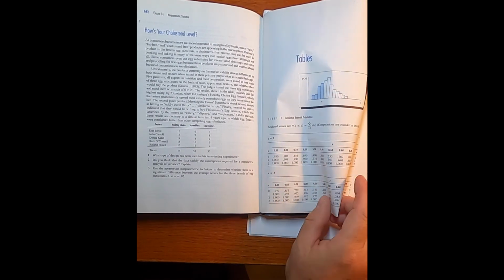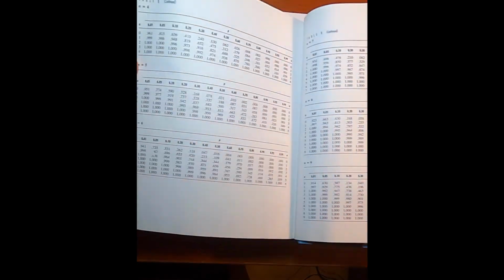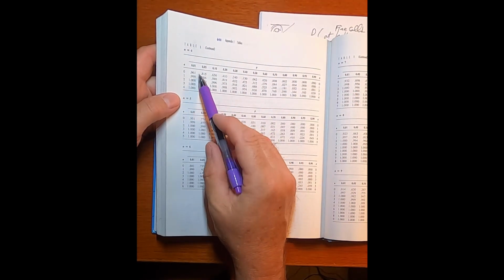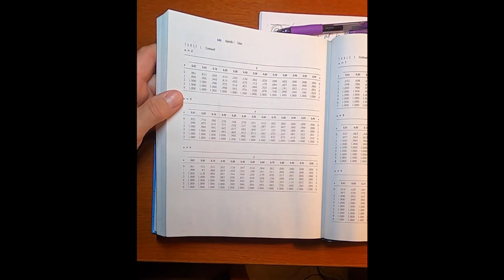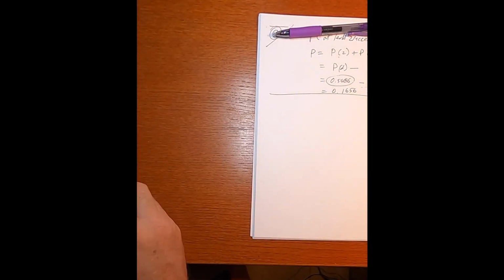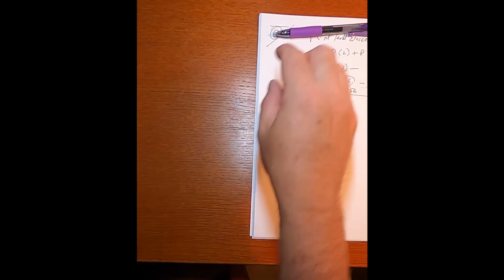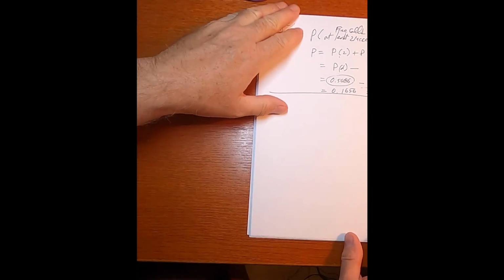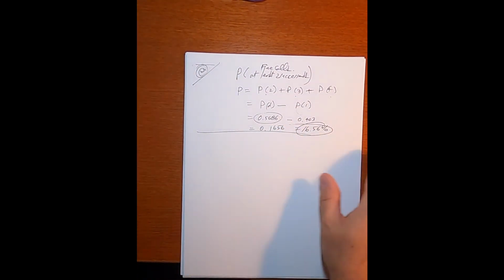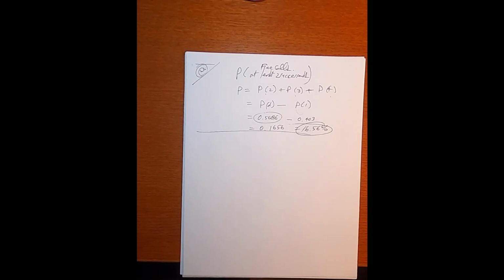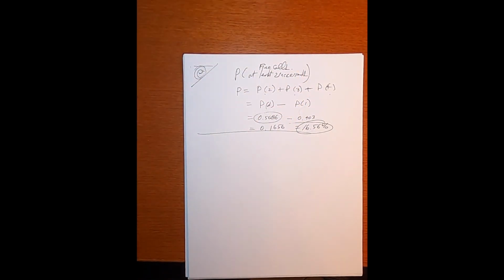You would have to figure out what was less than the number you have, and then go from there. This is a little complicated, but I wanted to say that there are tables you could use. I don't want to do it right now because I think the video is pretty long, and that could be another video, but there are tables that can help you do these problems.